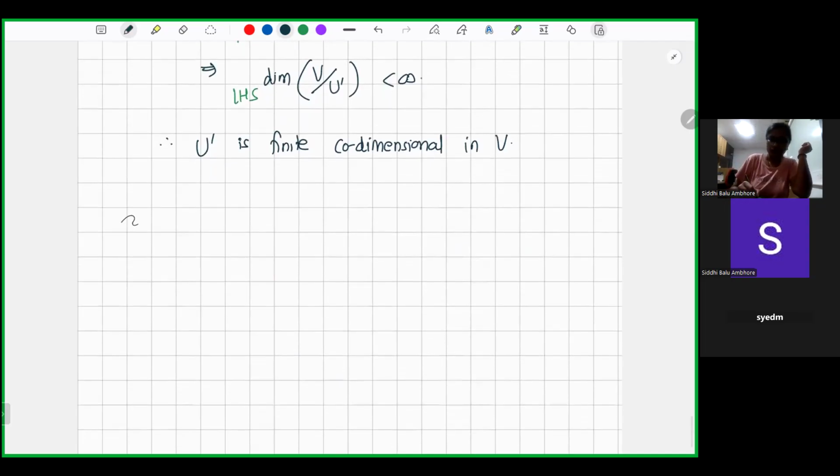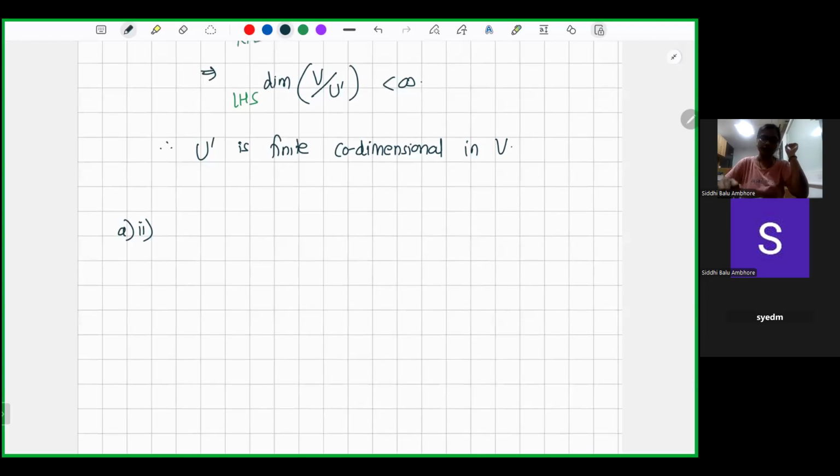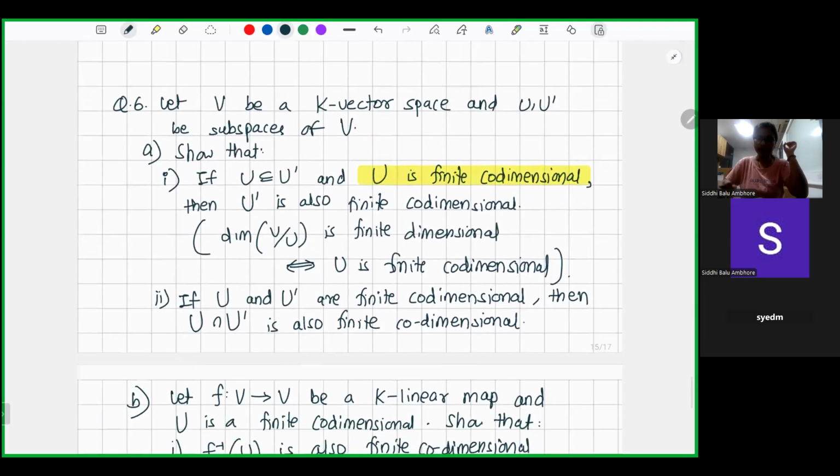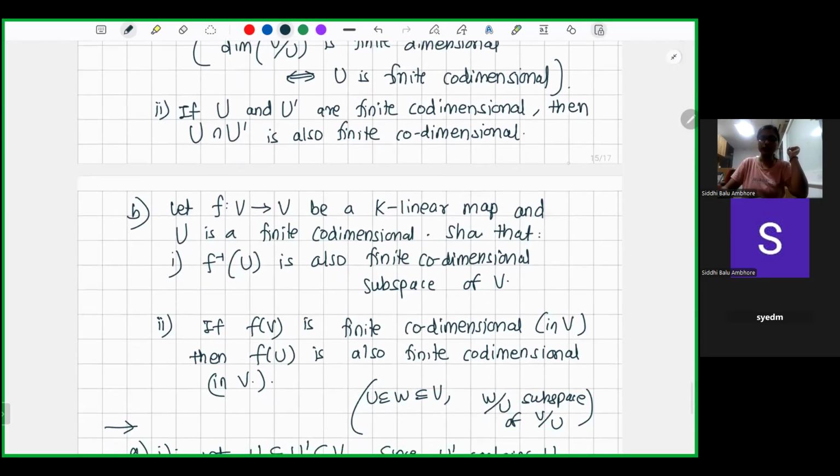Okay, and yes, so let us go to the second part. What is the second part? That if U and U dash are finite codimensional, then their intersection is also finite codimensional. That is the second part.